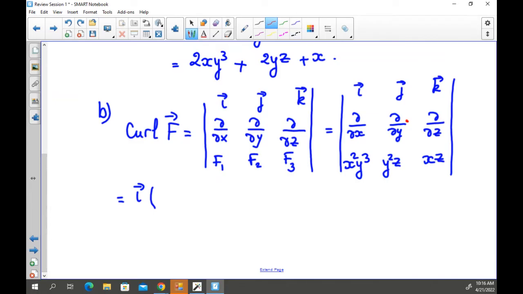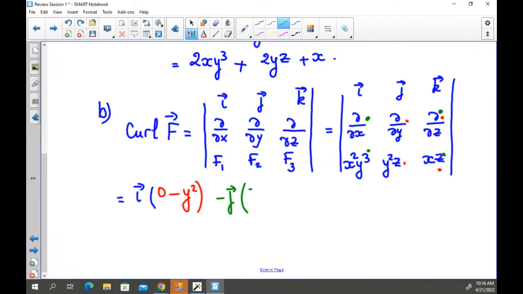then this with this, minus this with this. So it's going to be 0, minus y squared. Thank you, Salah. Yes, like this. And then minus j. And with j, you need to take this with this, minus this one with this one.